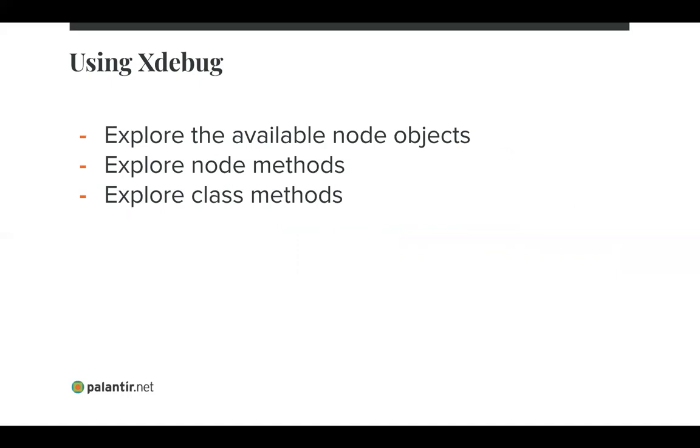There are also classes. Each Rector is a class, and that class has certain methods. It's not always clear to me why some things are on the class and some things are on the individual nodes. So I found that using Xdebug and seeing the state of the code and what exists at a given point is the best way for me to figure out how to do the thing I'm trying to do.